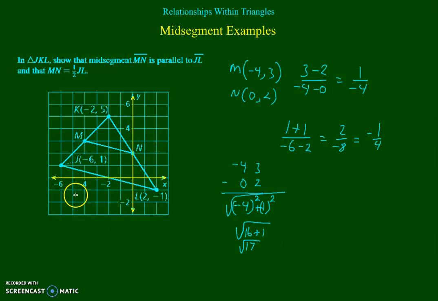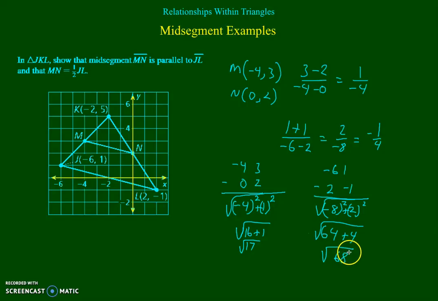Okay, let's do the same thing for JL. So we have -6 and 1, 2, and negative 1. Negative 6 minus 2 is negative 8. 1 minus negative 1 is 2. Square, add, square root. 64 plus 4 is the square root of 68.